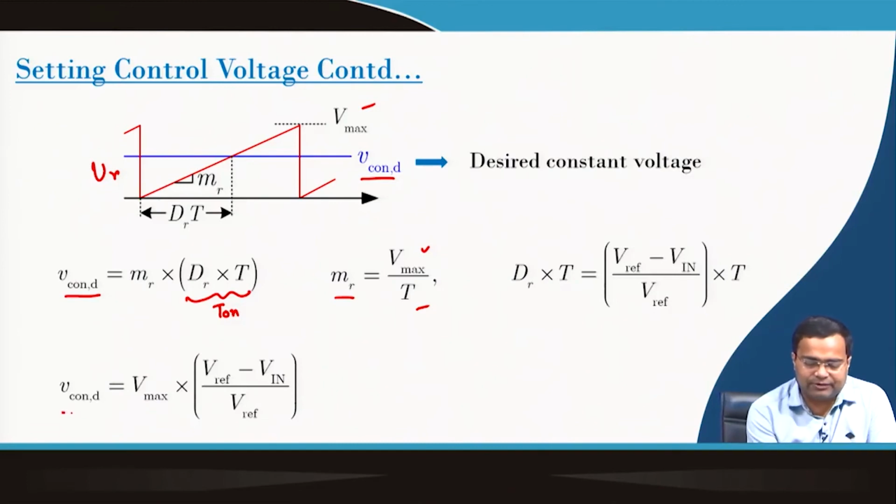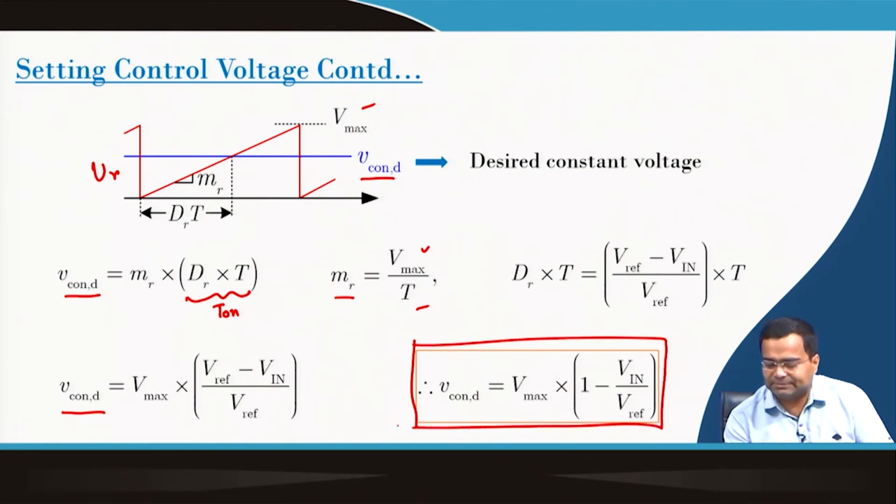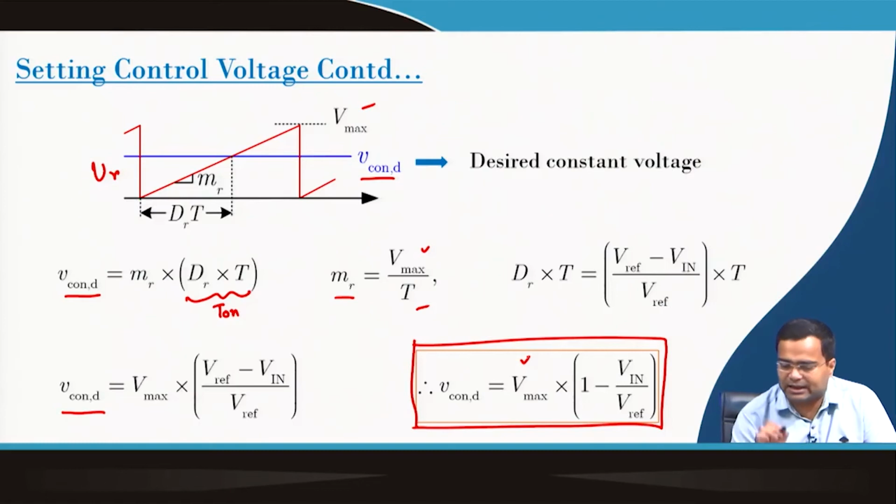So, I can get V con D from this equation. That means it depends on the maximum voltage of the ramp signal, the input voltage, and the reference voltage.